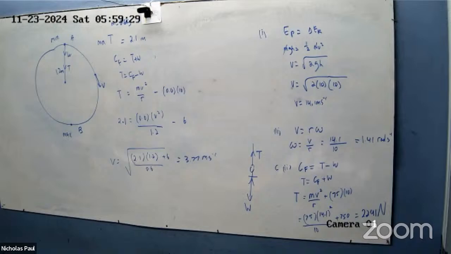Anybody online got it? Sorry, 42.5. You probably used a different value. Katrina, just check and see if you used a different value. What did you use for B?